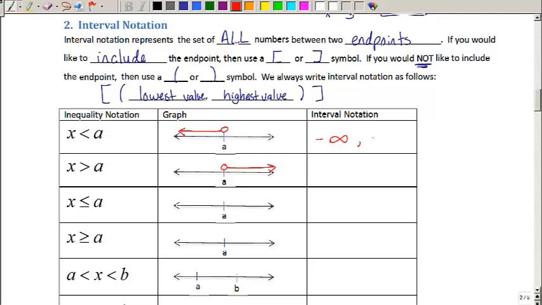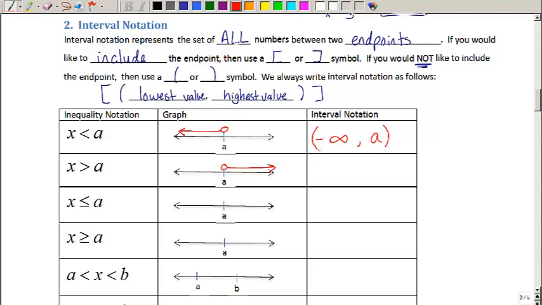The highest x can be is a. Notice that because we have an open circle, we do not want to include a, so we're going to use a parentheses. And we don't ever get to include negative infinity because negative infinity is actually not a value. It's more of an idea or a concept, so we never get to include negative infinity. We always use a parentheses on the infinities.